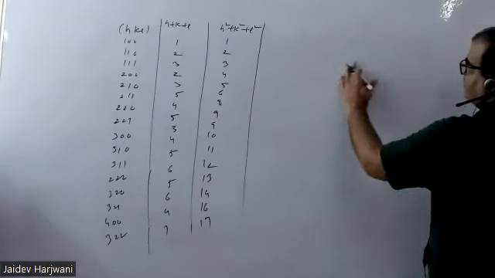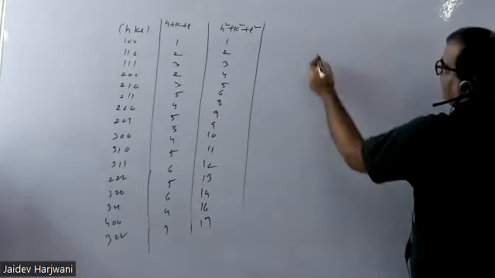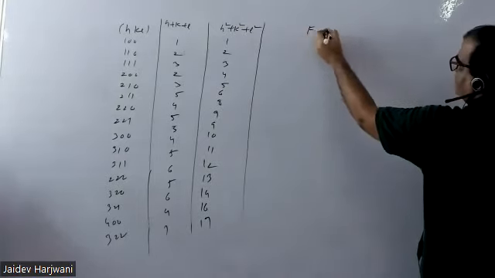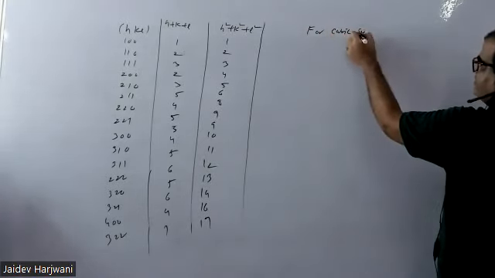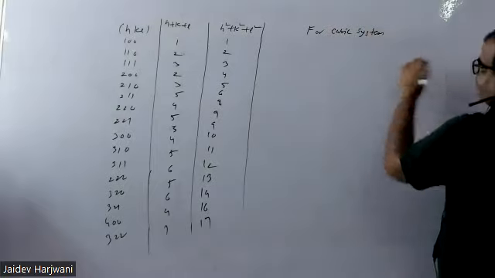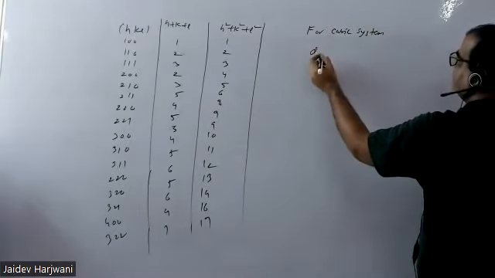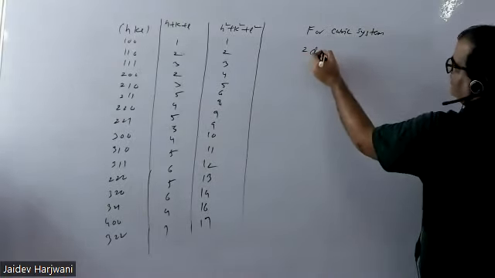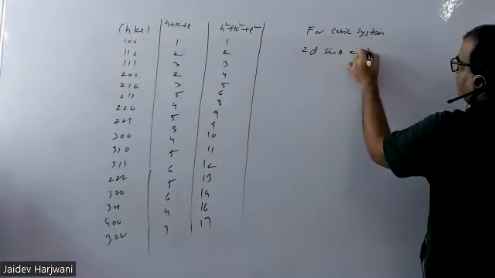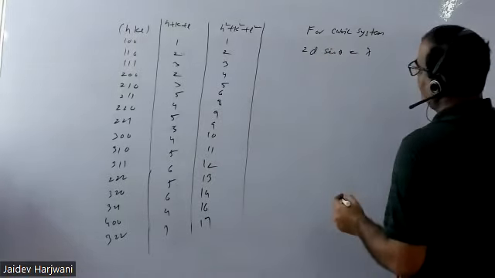So now I know that for a cubic system, d sin theta, 2d sin theta is equal to lambda. Okay.